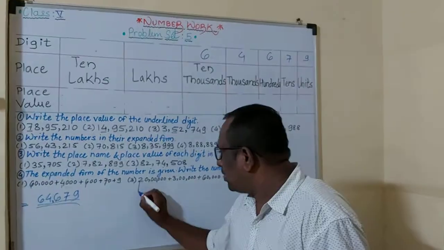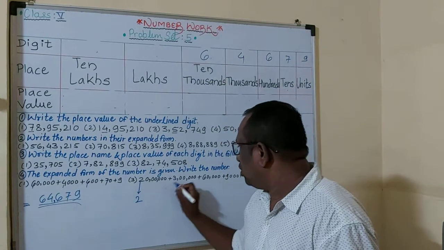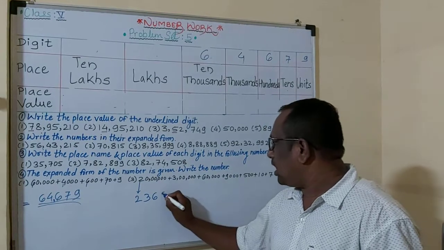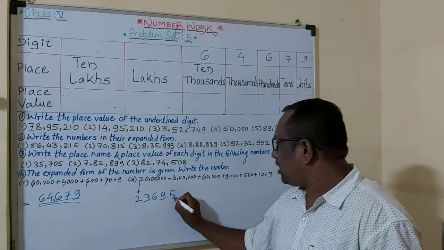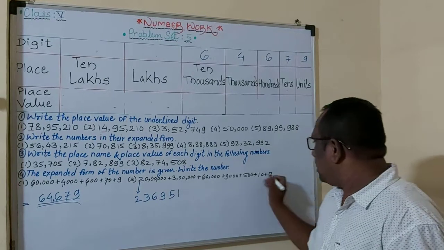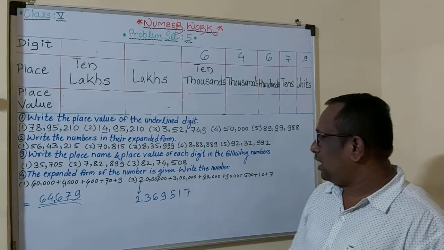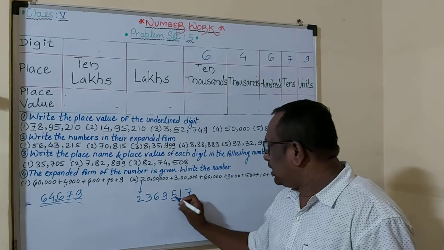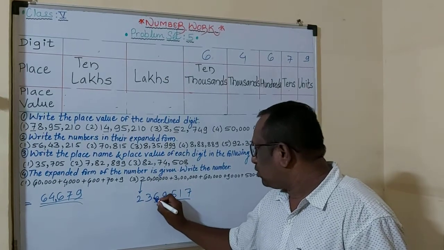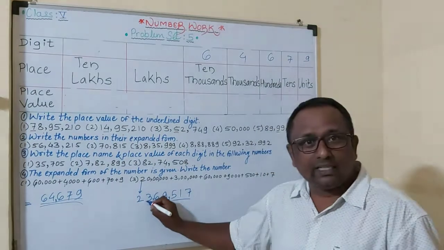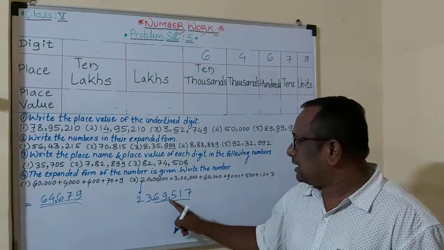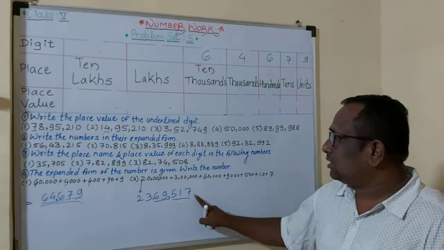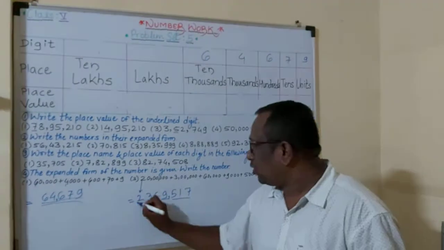So just take the first numbers: 2, then 3, then 6, then 9, then 5, after that 1 and 7. Now the number we got, after 3 a comma, and after 2 a comma. So 23 lakh 69,570. This way you have to write.